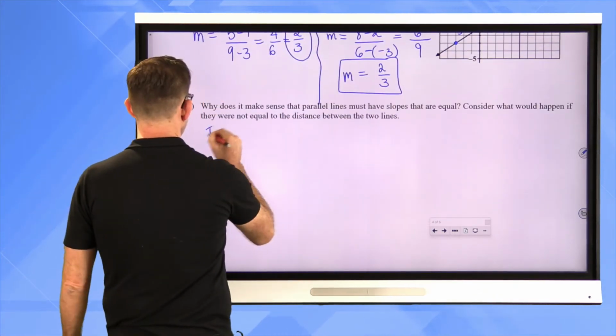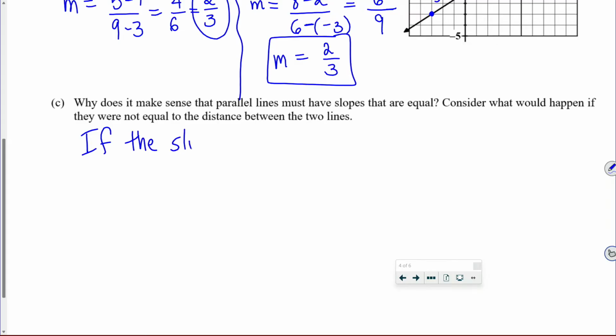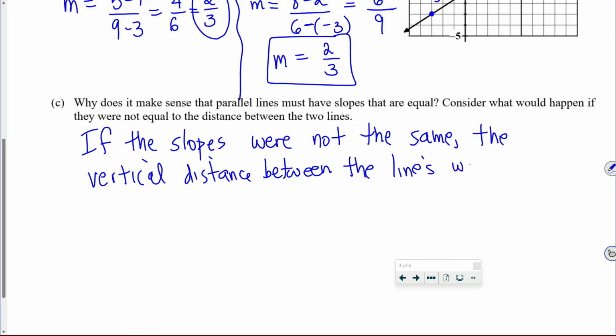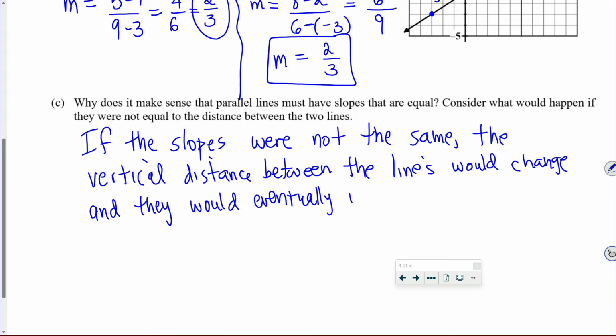So if the slopes are not the same, the vertical distance between the lines would change and they would eventually intersect.